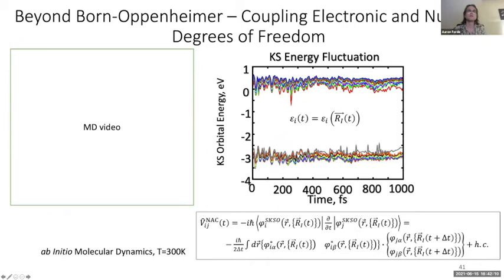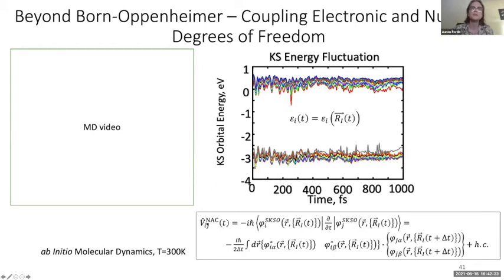And then to do the dynamics, we implement molecular dynamics. On the left, there would be a video which shows jiggling and fluctuations of the atoms from the trajectory, which I didn't include just because the file sizes get very large. And on the right just shows the changes in energy during the trajectory.